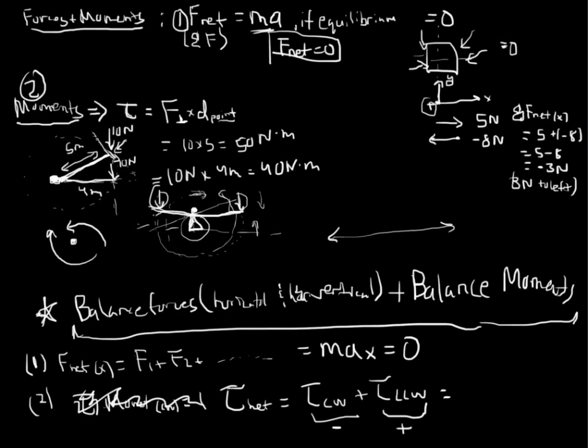So you'll get something like this: the force that causes the clockwise rotation times the distance from the clockwise force to whatever point, in this case the fulcrum in this example, plus the force that causes the counterclockwise rotation times the distance from that force to your point of interest.